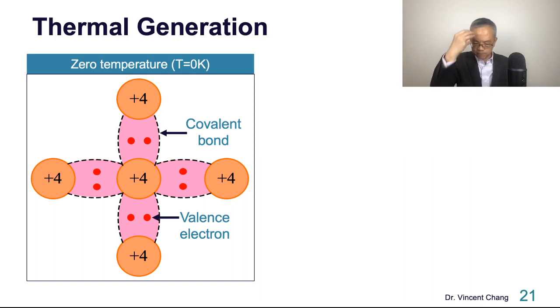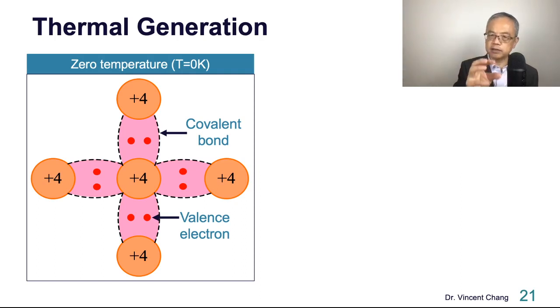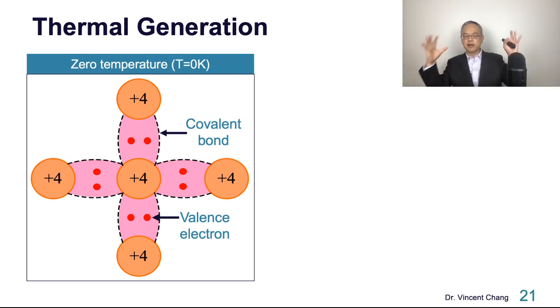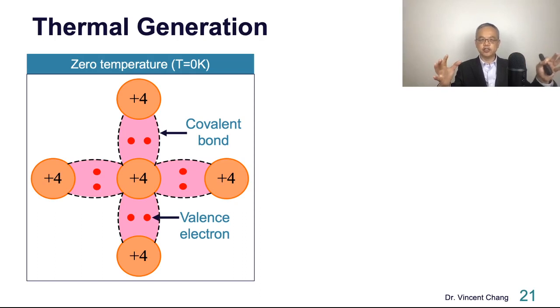All the valence electrons rest within the covalent bond's confinement, without any thermal energy. So in this condition, the material behaves like an insulator without any capability for conduction, for current transport. So this is actually an insulator.